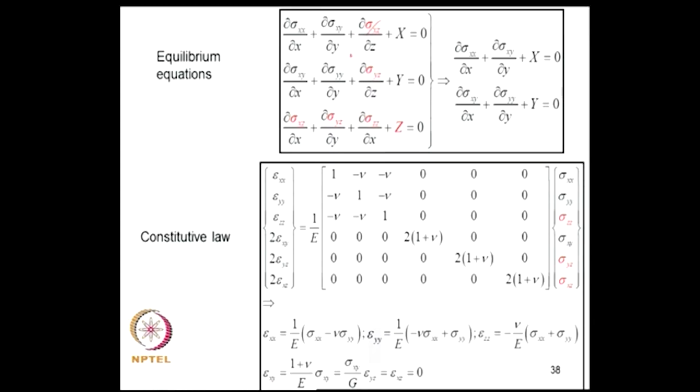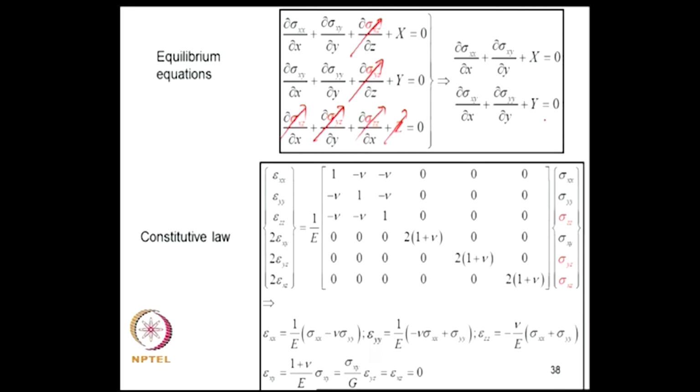This drops off, this drops off, sigma xz is 0, this drops off, yz is 0, this drops off, zz is 0, this drops off, and the body force in z is 0, that drops off. So, the remaining equations are the equilibrium equations which I need to consider further.